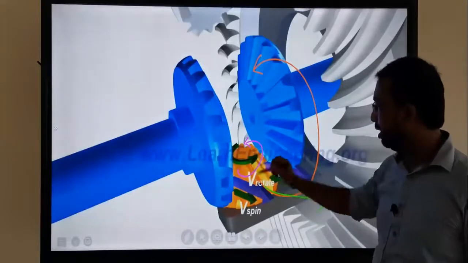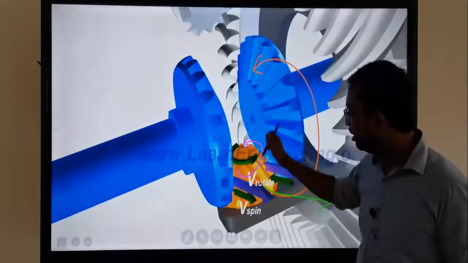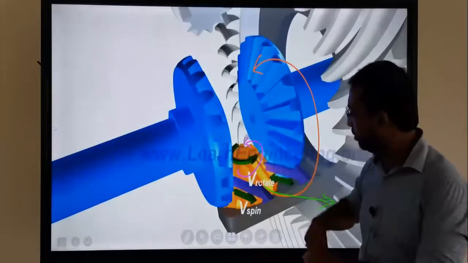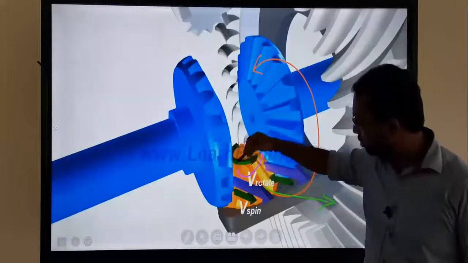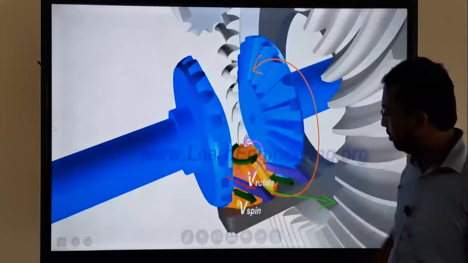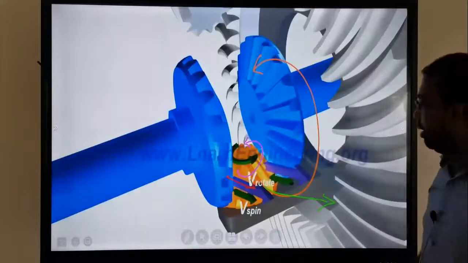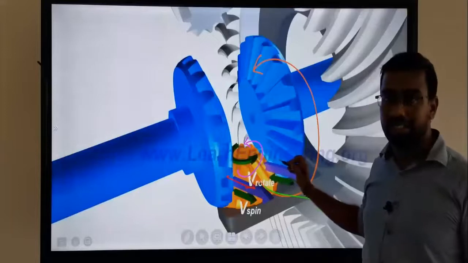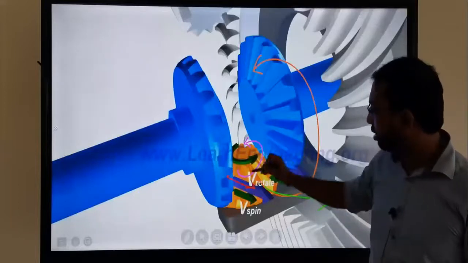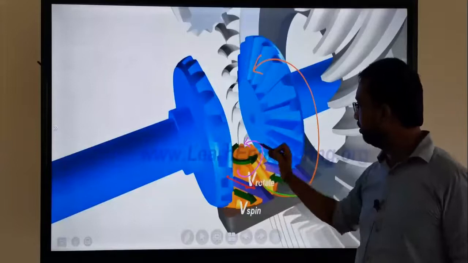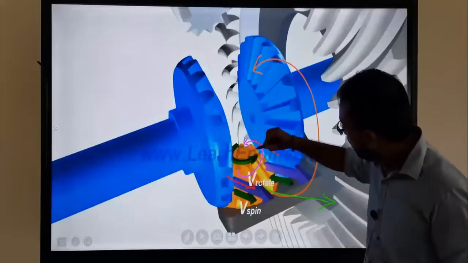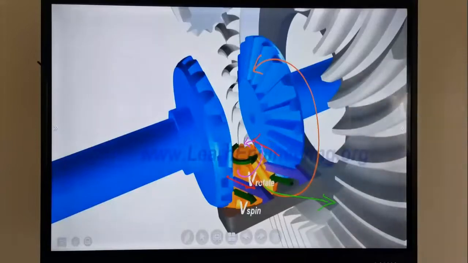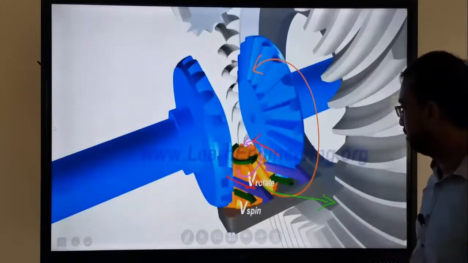On this side it rotates like this and comes this way. This side, the right side here, rotates like this. So when it is going to this side, this red arrow is the spinning. The green is the rotation.